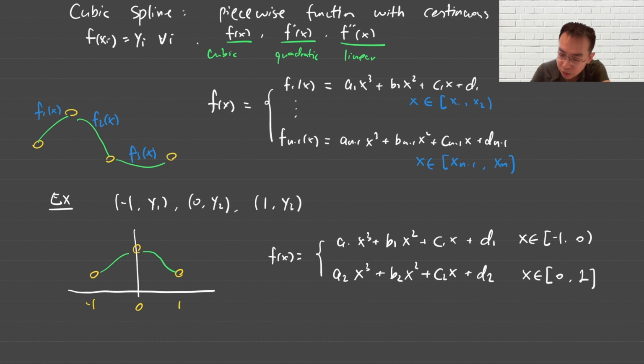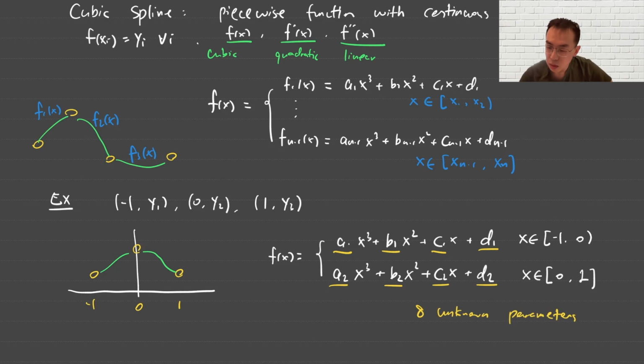You see here we have 8 unknown variables: a1, b1, c1, d1, then a2, b2, c2, d2. That means we need to solve for these 8 variables.